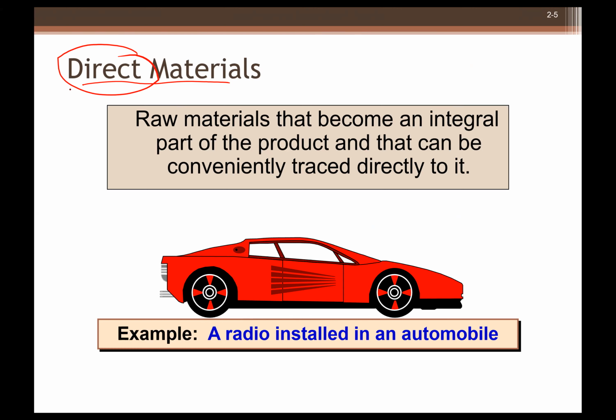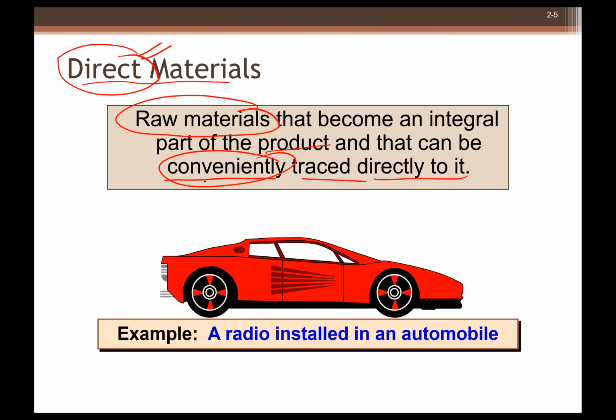For example, raw materials that became an integral part of the product, and that can be conveniently traced directly to it. So the word directly or conveniently is very important for the definition of direct material.